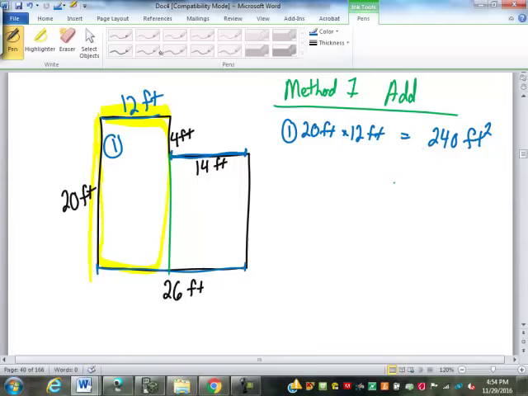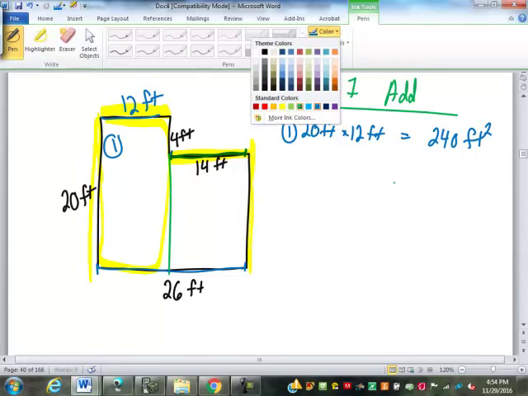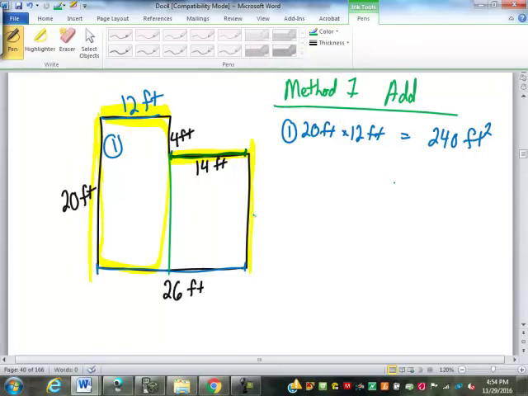The second rectangle here is 14 feet here. We need to know this dimension. How are we going to find that one? Perfect. It's 20 all the way up, 4 feet back here, so this is going to be 20 minus 4, or 16 feet. 16 plus 4 equals 20. So that adds up.